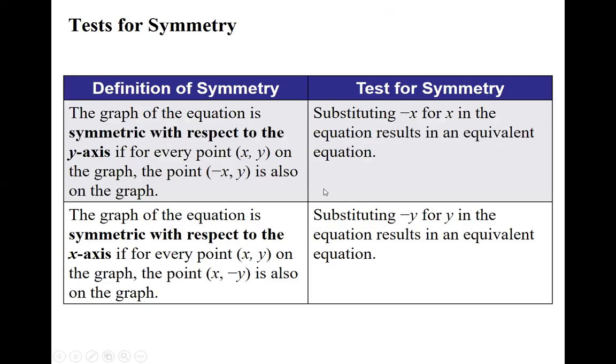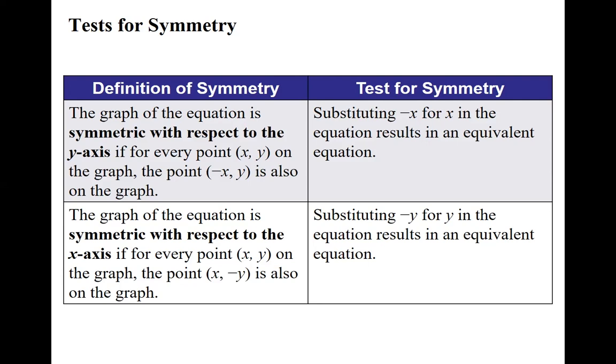Let's talk about symmetry. The graph of the equation is symmetric with respect to the y-axis if for every point x, y on the graph, the point -x, y is also on the graph.